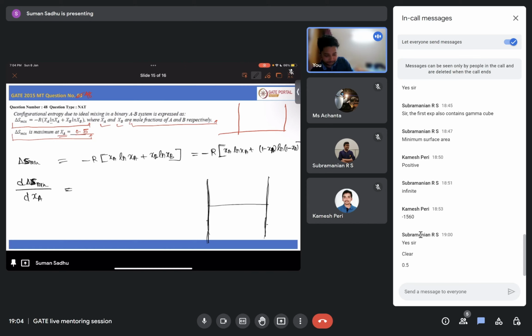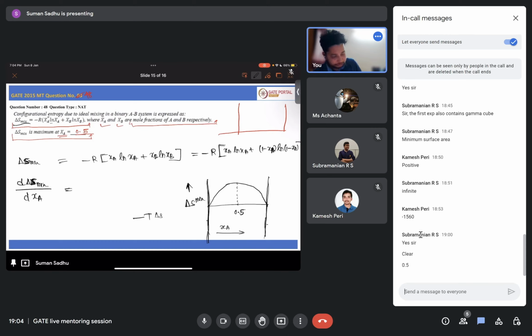So ln of XA will be negative, and there is also minus R, so this will be positive. And if you plot T into delta S, then it will be in the negative direction. So now if I plot only delta S mix, it will look something like this, versus composition XA, and at 0.5 it will be maximum.